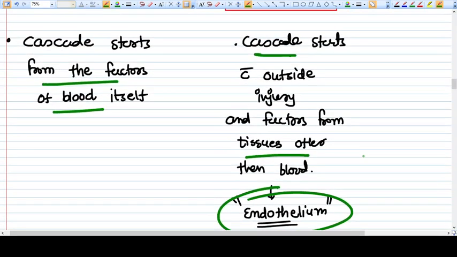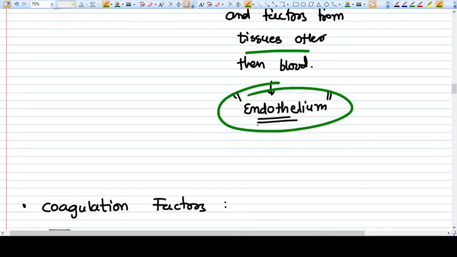So there is a very clear-cut difference between the intrinsic and extrinsic pathways. Okay. The extrinsic pathway is the one which is most common, which is happening most of the time.